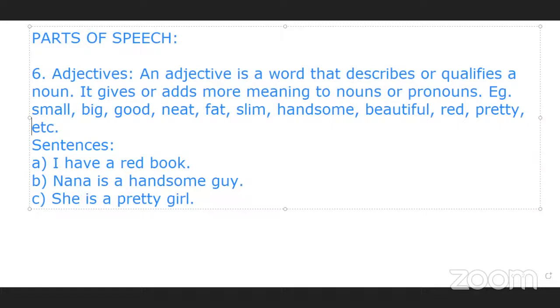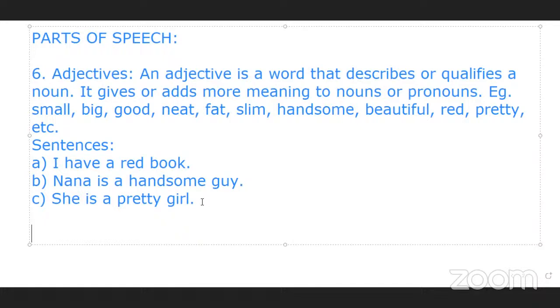Now let's look at C. She's a pretty girl. Which word is our adjective here? Pretty girl. But which one is the adjective? You've added the girl. Are you sure? Think again.